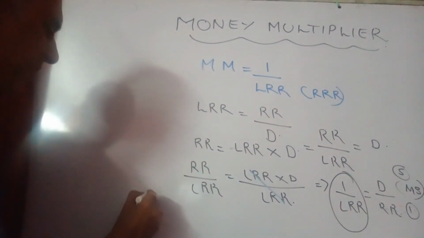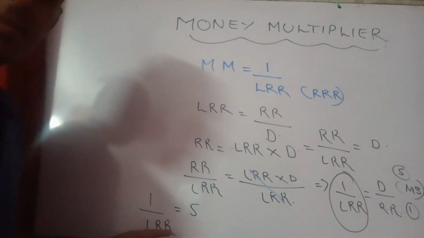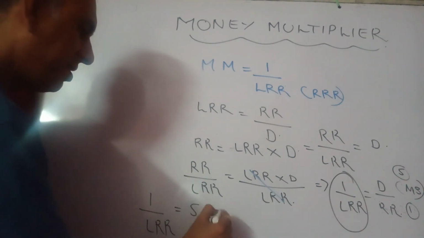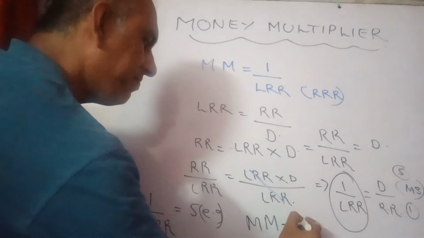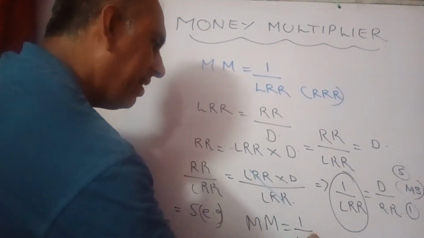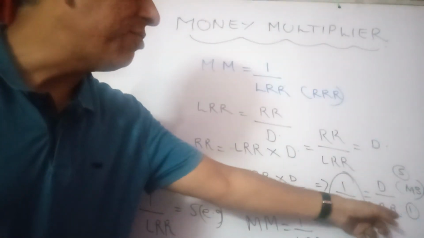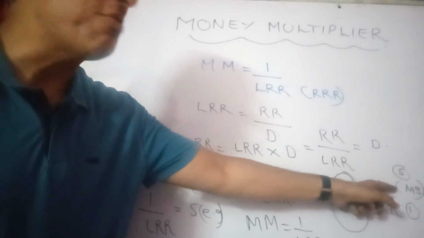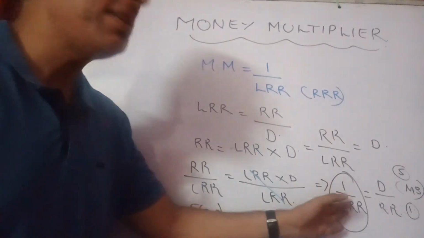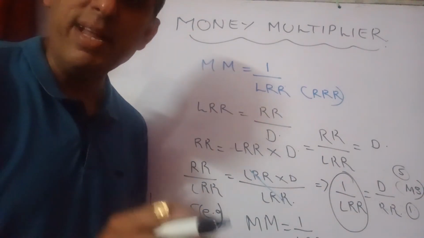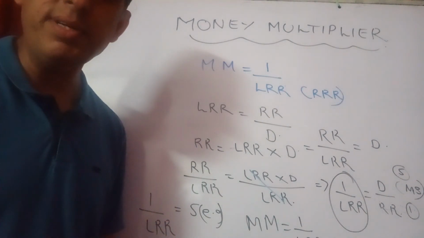That means 1 upon LRR is 5, for example, which also means that our value of money multiplier is 1 upon LRR. Why? Because 1 rupee of required reserve creating 5 rupees of deposit, I beg your pardon, is only through the money multiplier. So whatever is on the left hand side ought to be the value of money multiplier or deposit multiplier. I hope all of you understood it. Thank you.